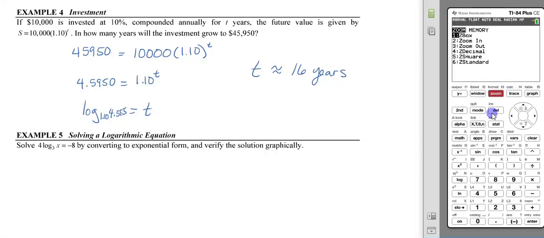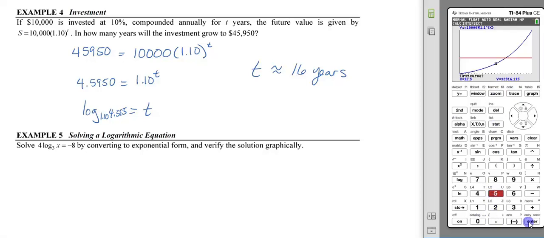Let's do a zoom fit so that we find that window that shows the intersection, and we will calculate the intersection, first curve, second curve, and guess, and we can see the same answer at about 16 years. It'll be $45,950 in that account.